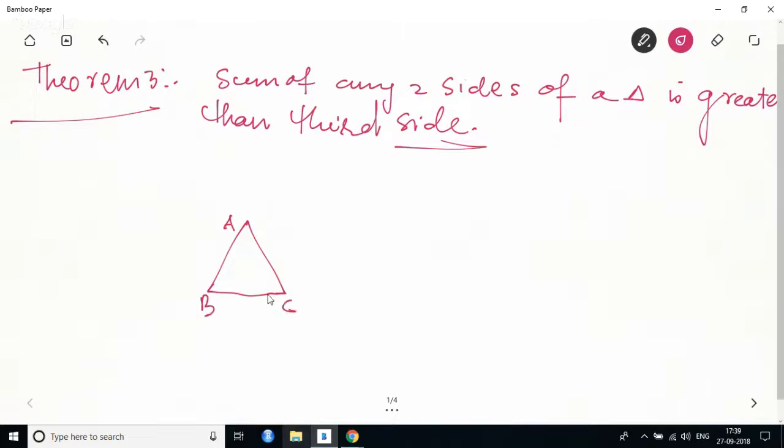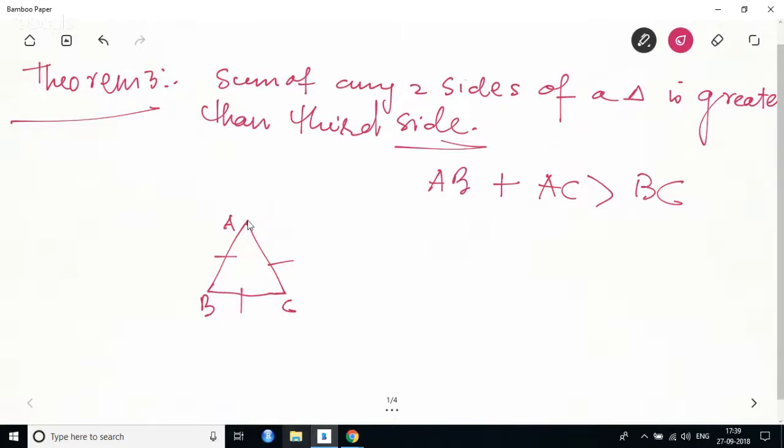Just look at the proof. This proof is a bit tedious because I have to do the construction. So I have to prove that AB plus AC is greater than BC. So this plus this is greater than this. How do I do it?